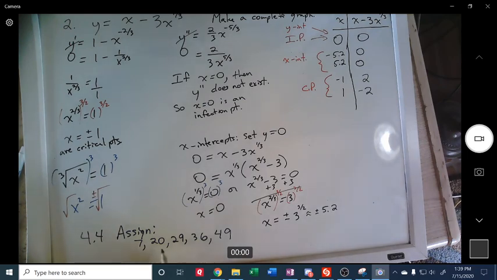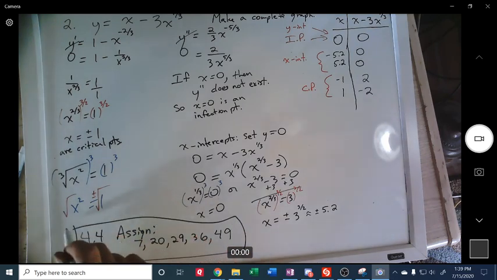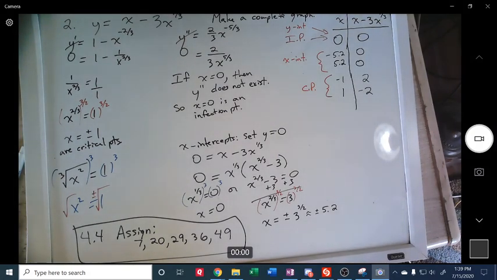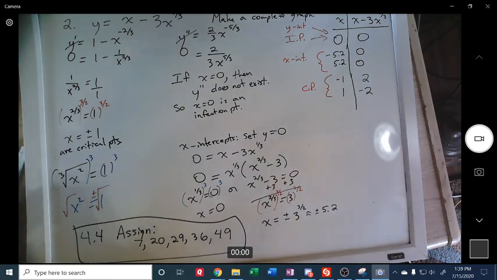Alright, so that'll be 5 problems, half as many as what's listed on the assignment sheet. If you've got somebody in your group that's not here today, can you communicate to them, let them know that the assignment has changed.